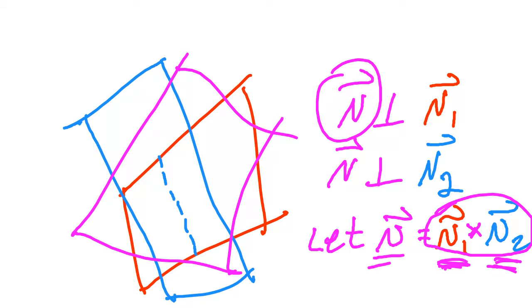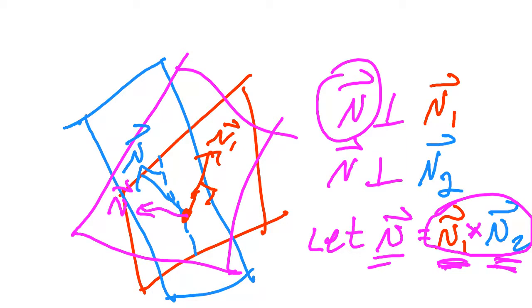So let's see if I can draw this. This is N1, a normal vector to the red plane, and then I've got a normal vector to the blue plane. Let me start them at the same point where they intersect. Then I am going to get a purple N vector that's perpendicular to both that and that.